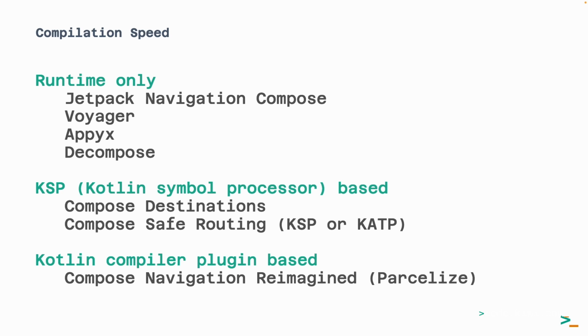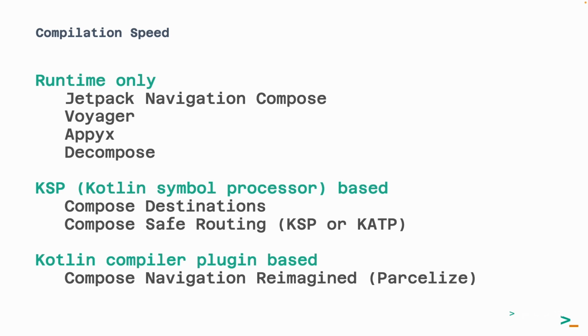Those are KSP-based, Kotlin Symbol Processor-based. Those libraries use another task during the Gradle build to generate something for you. Those generated classes will help you with the type safety, and this way they will fix the Jetpack Navigation Compose. The last kind of way to affect the compilation speed is using a Kotlin compiler plugin.